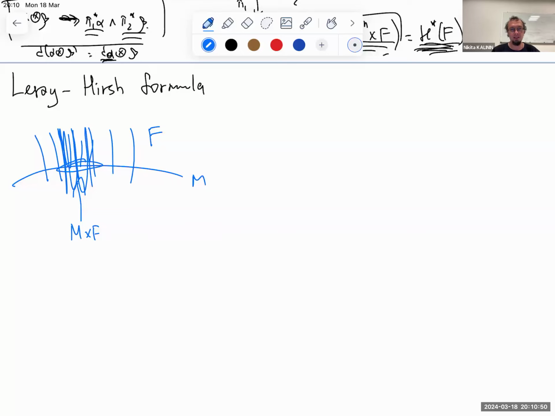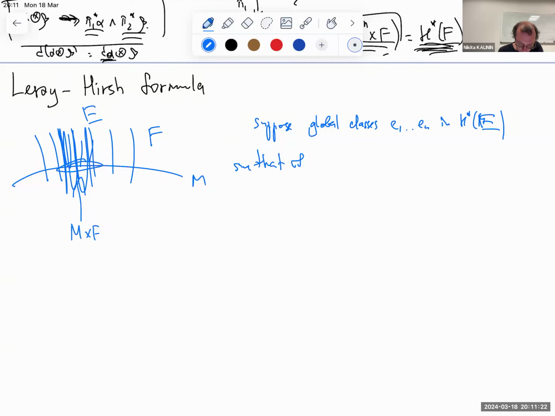And then we say that suppose that there are global classes e1, ..., en in cohomology of, let's call it E, such that if we restrict them to the fiber, they generate the cohomology of the fiber.